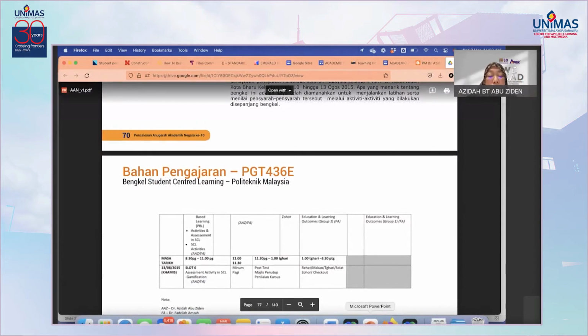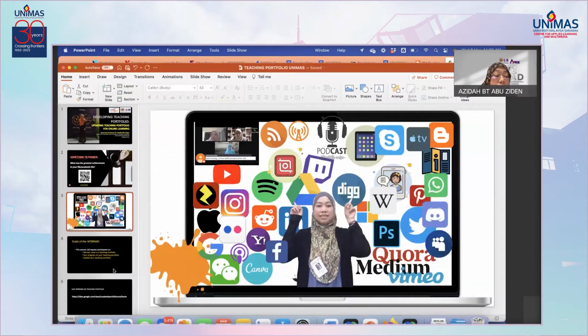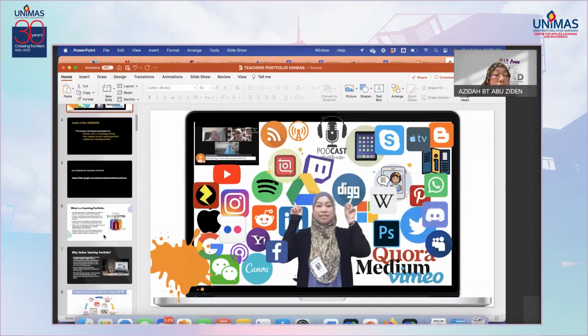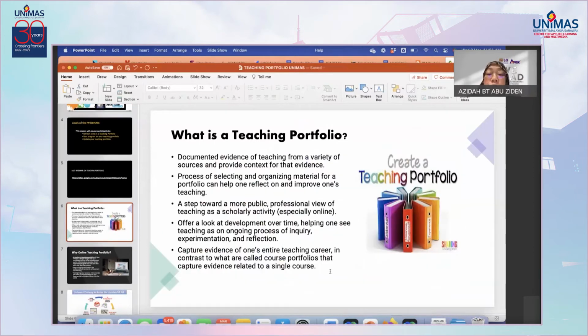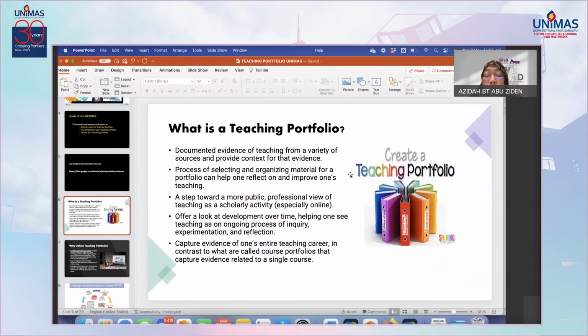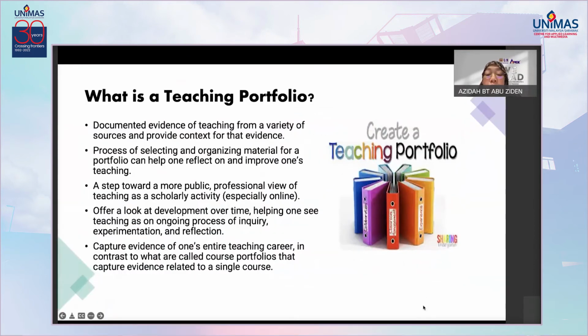Let me just go back to the slide here. Okay, so as I have shown you my portfolio, now you have the idea of what a portfolio is all about. It involves the process of selecting.